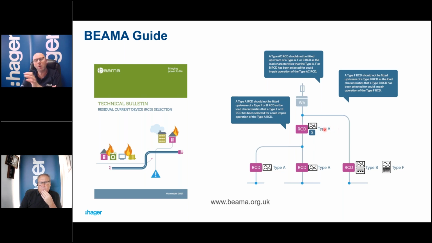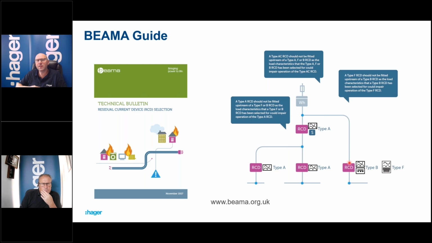But where we move along to a type B or an F, we cannot now feed them from that type A. So you would almost need to use a Henley block arrangement, feeding those devices and those applications, so it wasn't running through your type A that may be in the consumer unit.